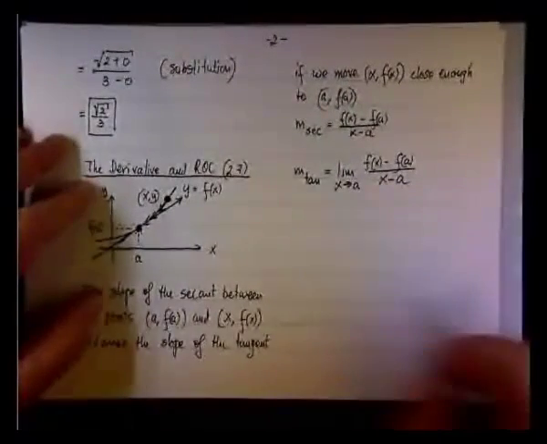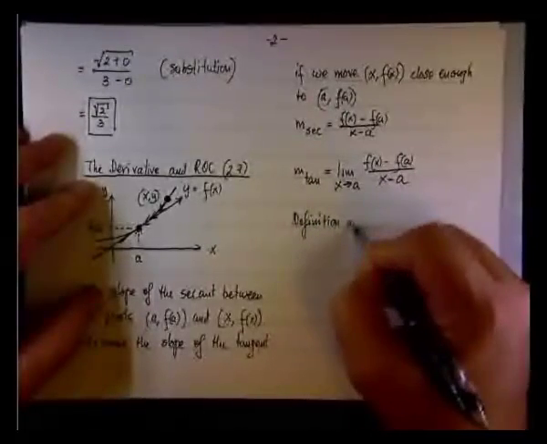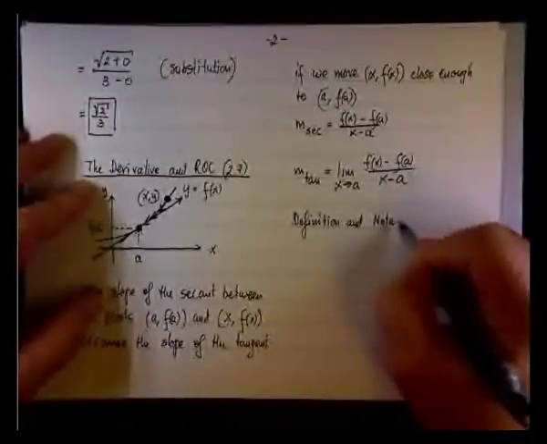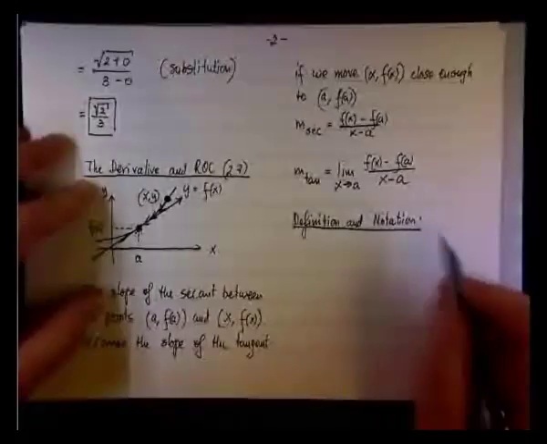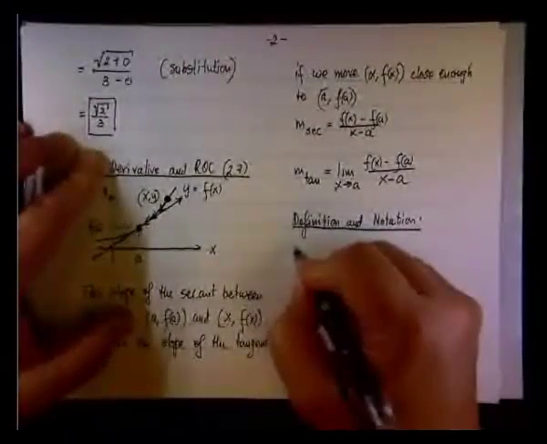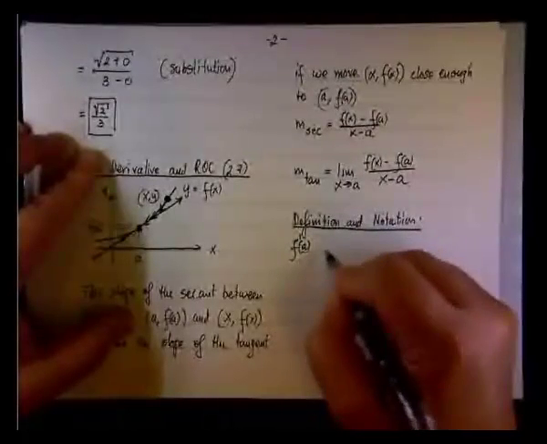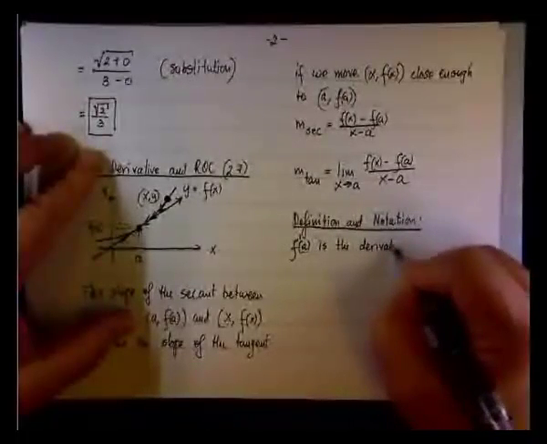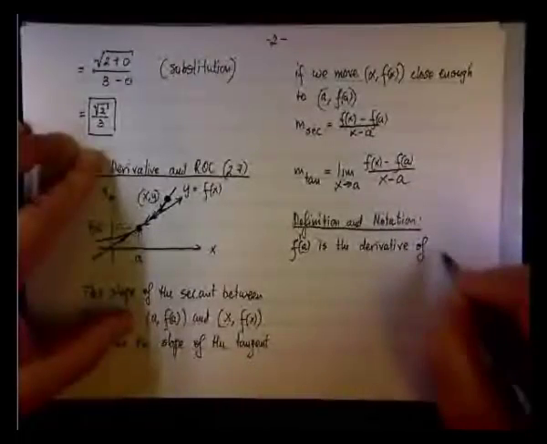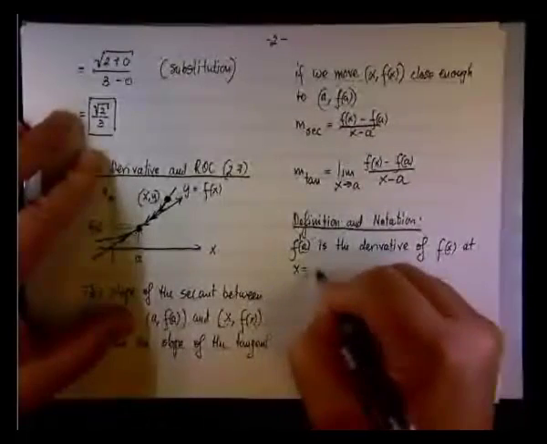Okay, so let's write a definition and notation. We're going to say that f prime at a is the derivative of f of x at x equal a.